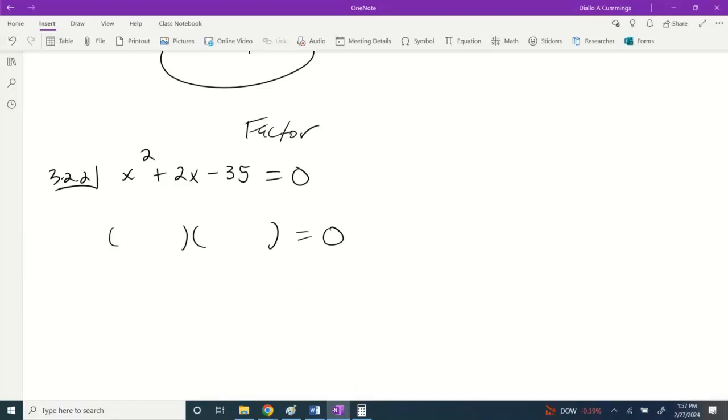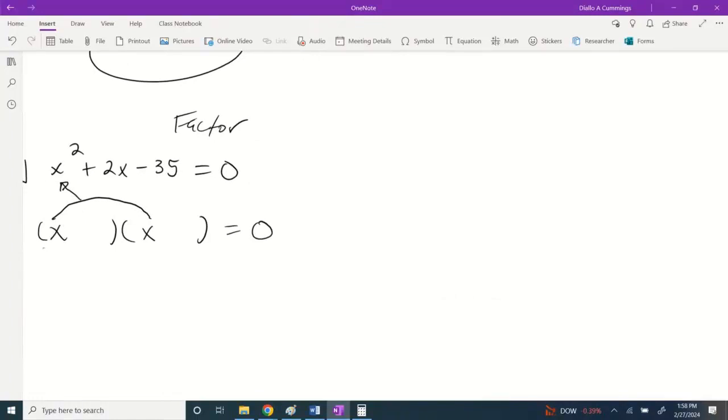Whatever I put in the set of parentheses as my first term, I must be able to multiply together and get the first term in my trinomial. So x times x is going to give me x squared. Whatever you put in your first set of parentheses, you must be able to multiply to get whatever this first term is in your trinomial.